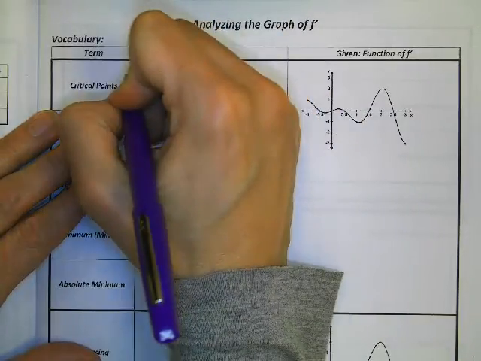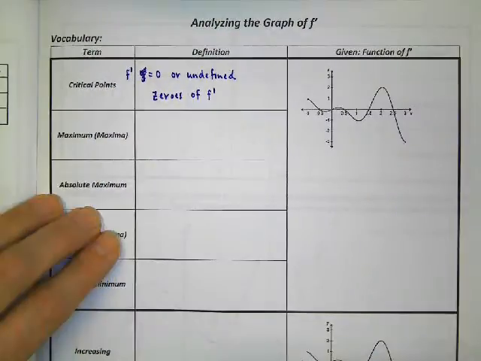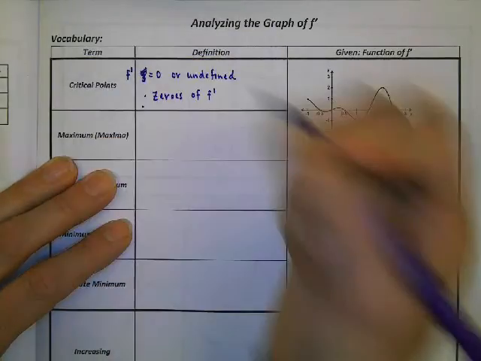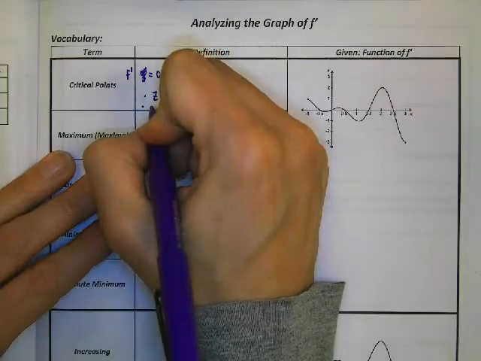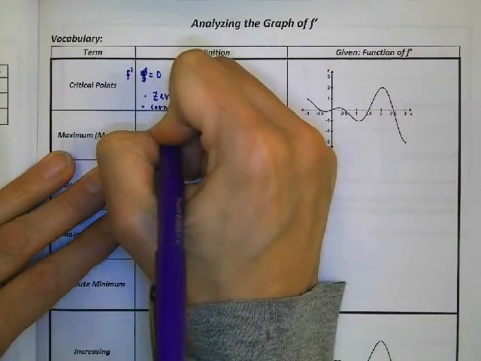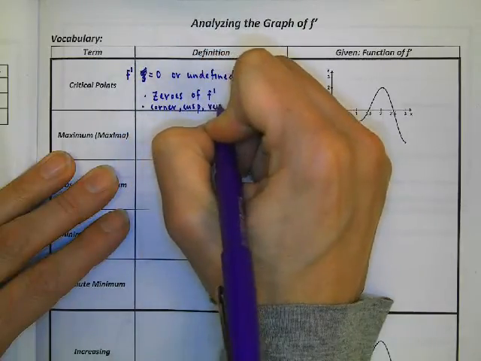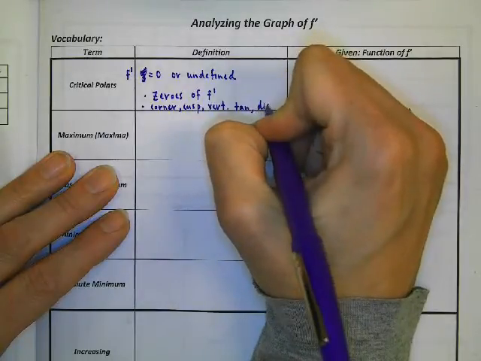So let's say instead of y prime here, let's put f prime just to be consistent. So these are going to be the zeros of f prime, or places where f prime has a corner, cusp, vertical tangent, or discontinuity.